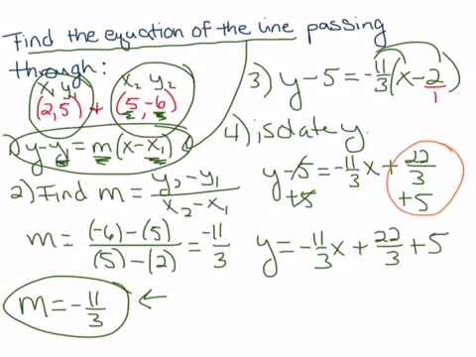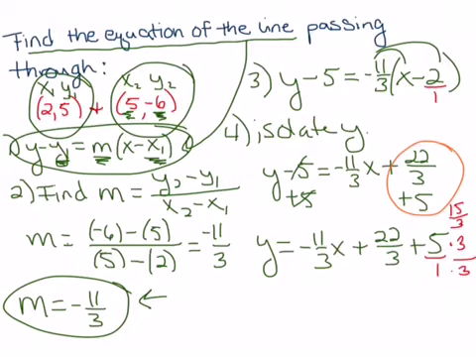In order to combine those two, they're two fractions, so I would prefer to see them written like that. So 22 over 3 plus 5 over 1. And the common denominator here is 3, so I'm going to multiply the top and bottom of the 5 by 3, turning this into 15 over 3.